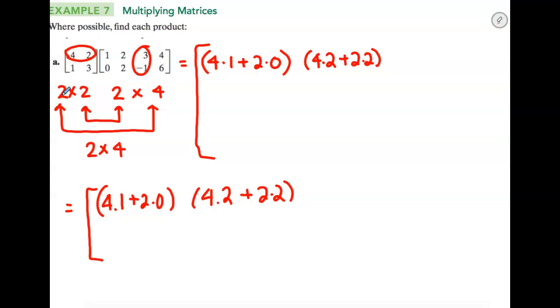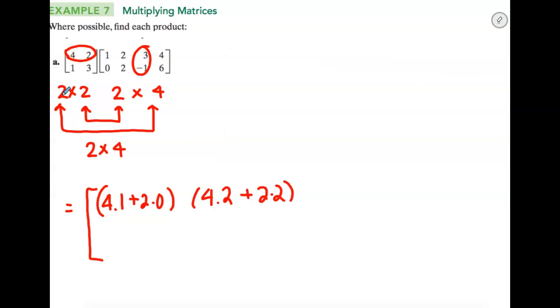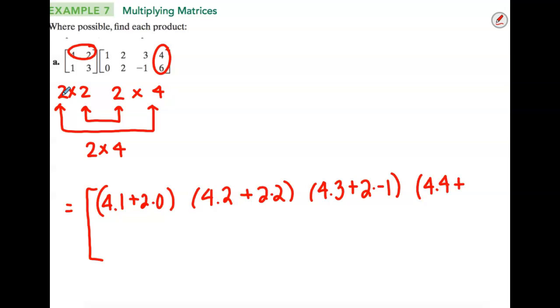All right, so 4 times 3 plus 2 times negative 1. Row 1, column 4. So 4 times 4 plus 2 times 6.